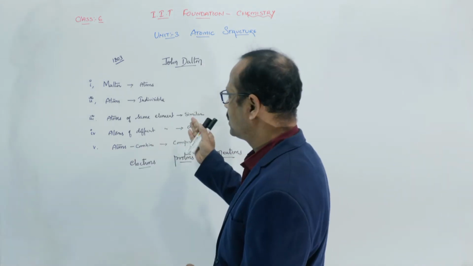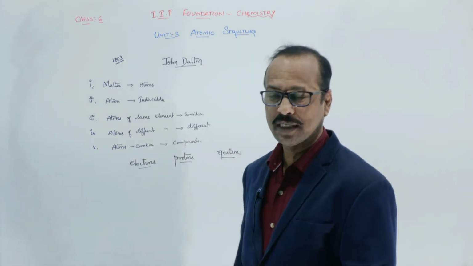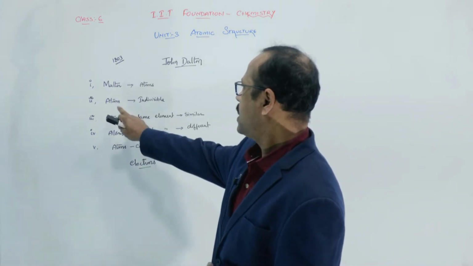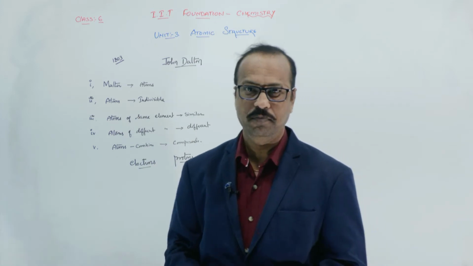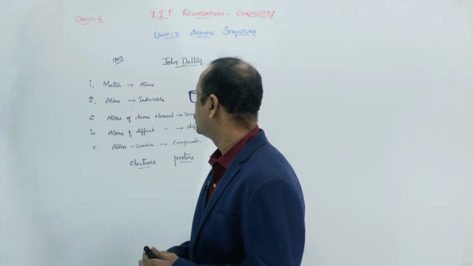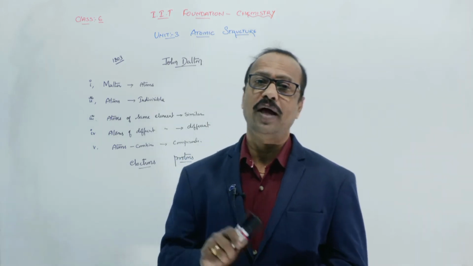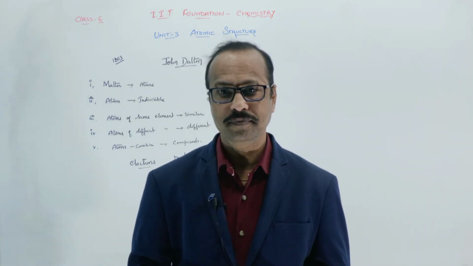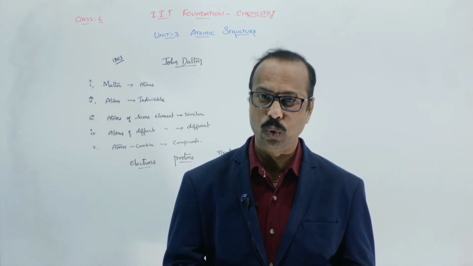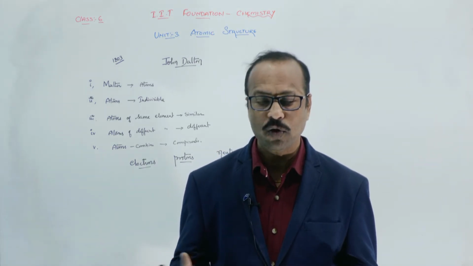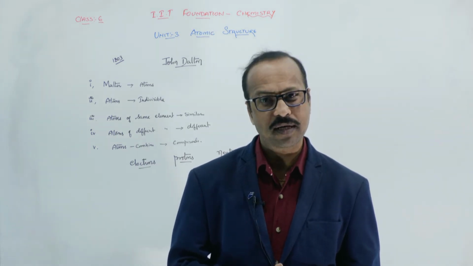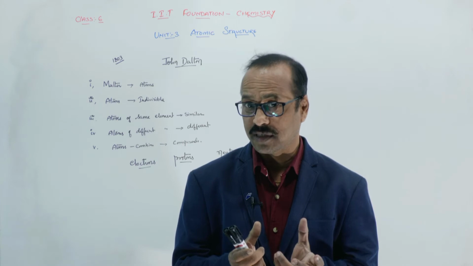Most points of Dalton's atomic theory were proved wrong; the main point of John Dalton was that atoms are indivisible. But it was proved wrong by J. J. Thomson, a scientist who conducted an experiment called the discharge tube experiment, and from that he discovered the electrons.